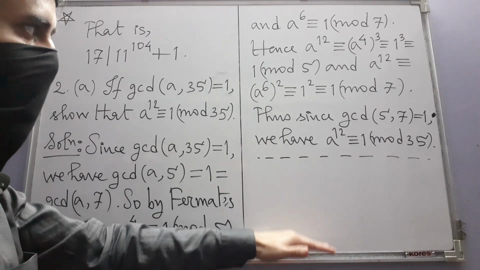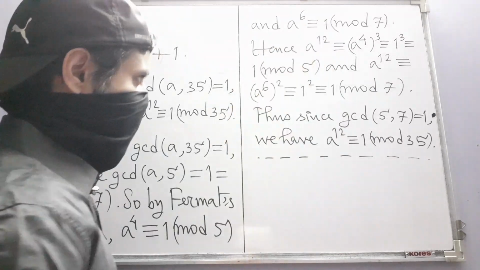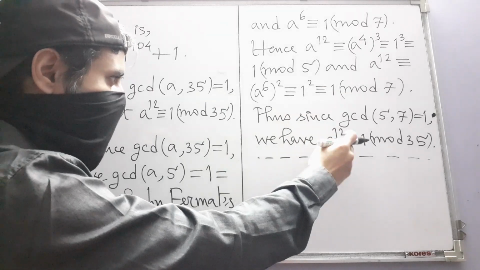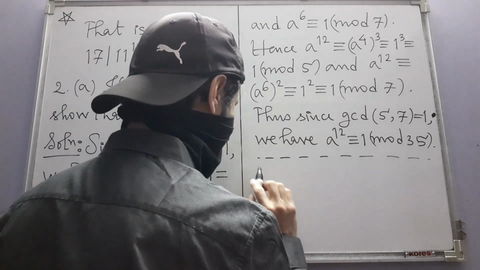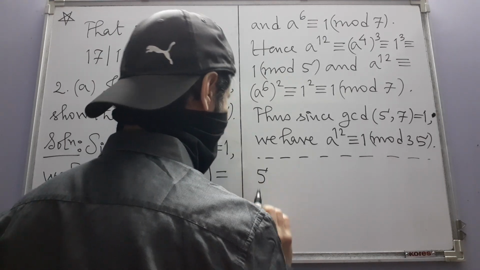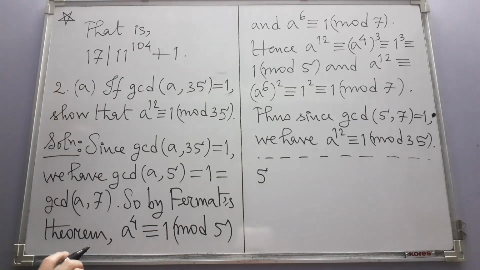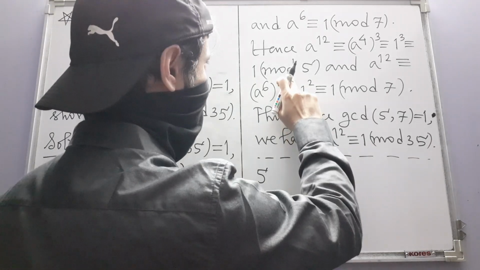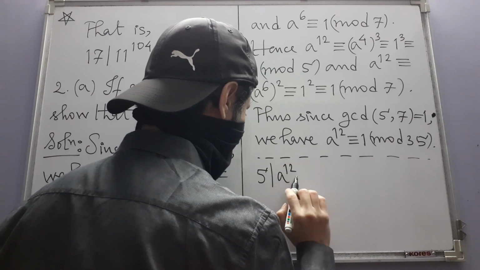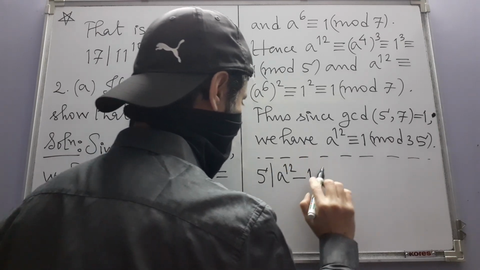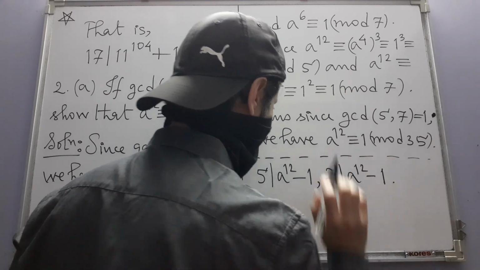Okay, but let's see why this last line is true. If we express these congruences that we considered here to get this one as divisibility relations, we are going to get this. The first one tells us that 5 divides a to the power 12 minus 1. And the second one tells us that 7 divides a to the power 12 minus 1.